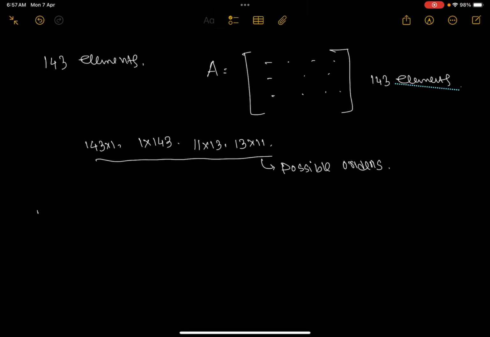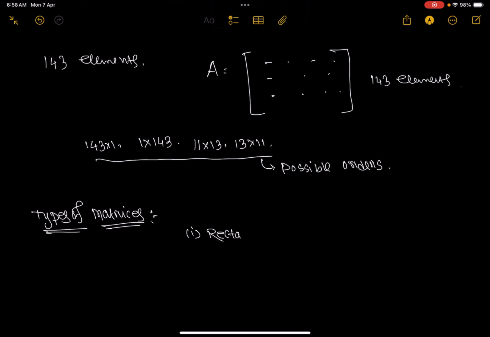Now we discuss the types of matrices. Some special types of matrices help solve many problems in much less time. At first, we discuss the rectangular matrix.